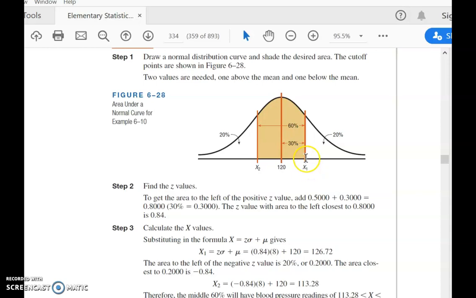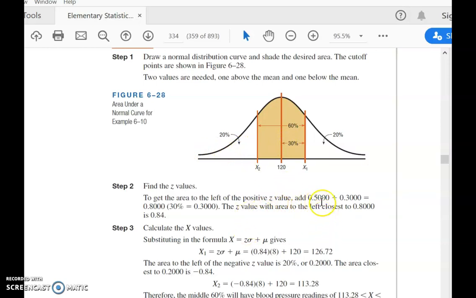What we want is the area to the left here. It's not just this 30% here. Obviously that's part of the area, but there's more. You go all the way to the left from the mu value as well. So you have 30% here, and then you have 50% in here. That's why you add 0.50.